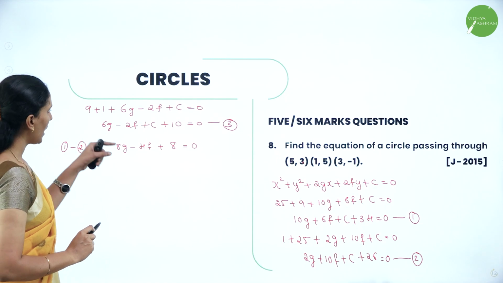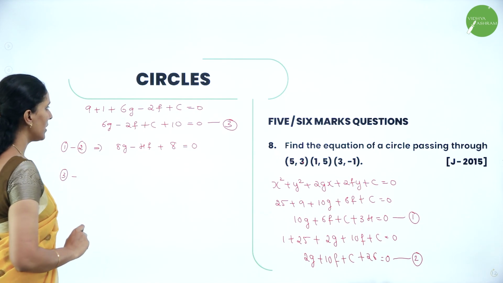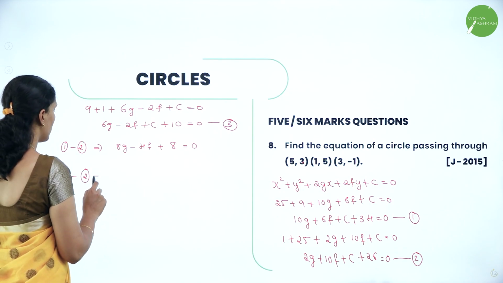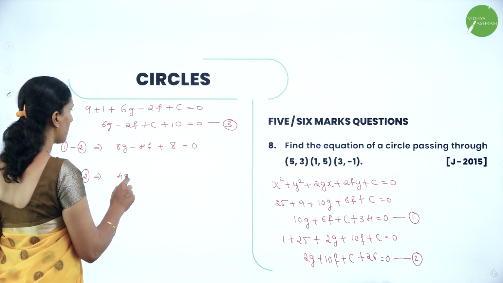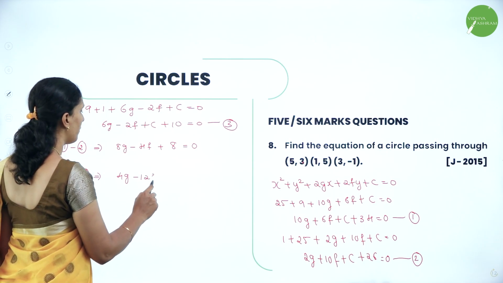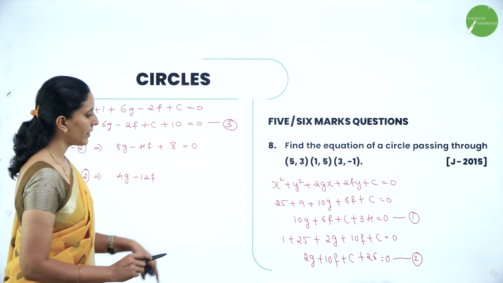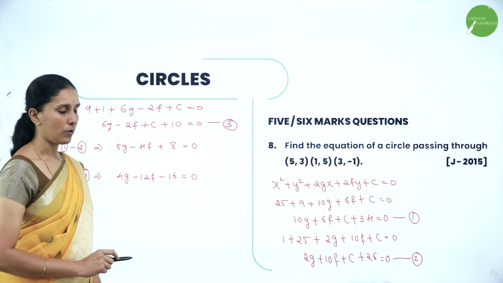So similarly, we can take equation 3 minus equation 2. So 6g minus 2g is 4g. Minus 2f minus 10f is minus 12f. Plus c minus c gets cancelled. 10 minus 26, you will get minus 16 is equal to 0.